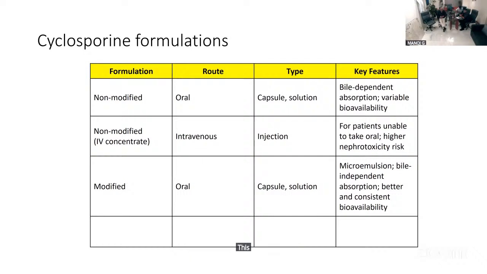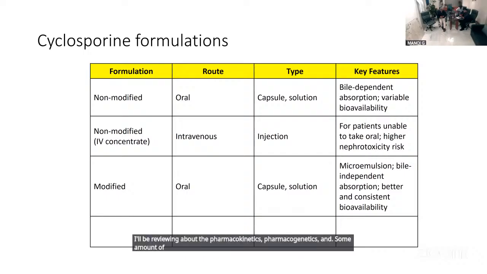This happens just because the pharmacokinetics, intra-patient and inter-patient, is large. I'll be reviewing the pharmacokinetics, pharmacogenetics, and some amount of therapeutic drug monitoring of cyclosporin and tacrolimus.